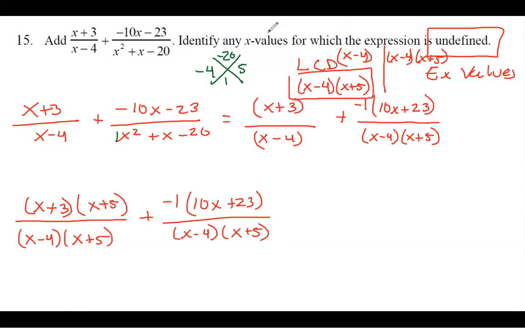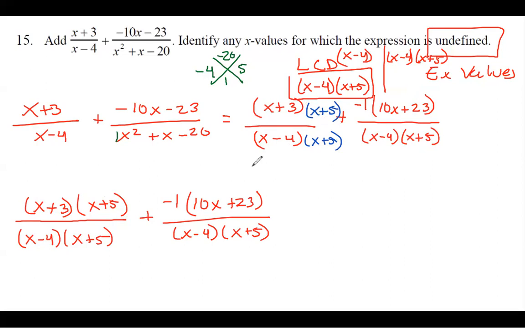My first fraction was missing x plus 5, so I have to multiply x plus 5 on both top and bottom. That's where the x plus 5 comes from. My second fraction already has the two factors in the denominator, so I just leave it as is. The only one I have to modify is my first fraction.